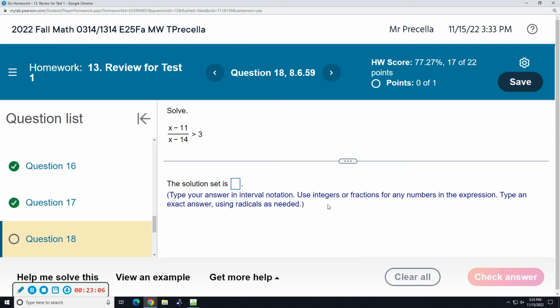Oh my goodness, another one. Number 18. Solve the inequality x minus 11 all over x minus 14 is greater than 3.